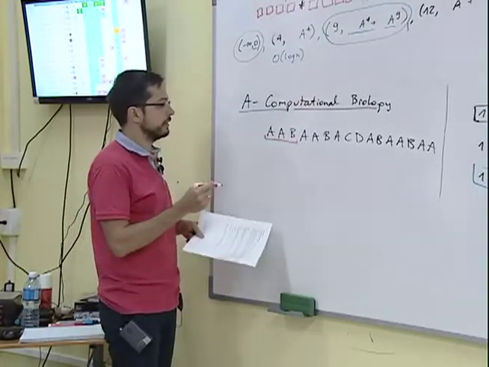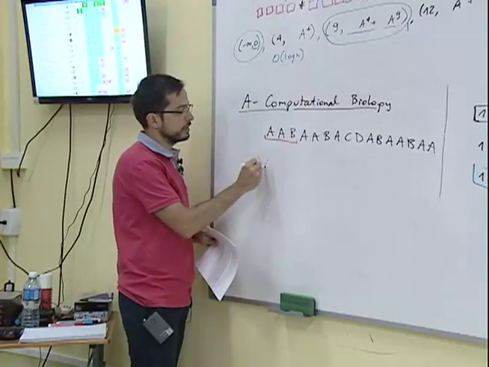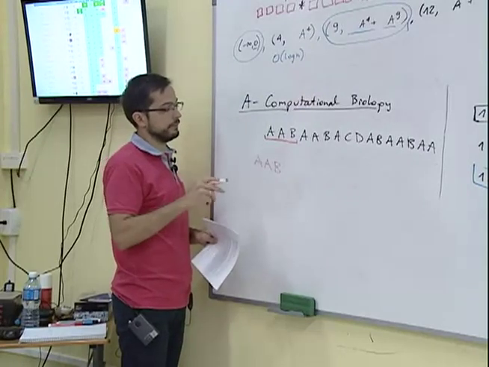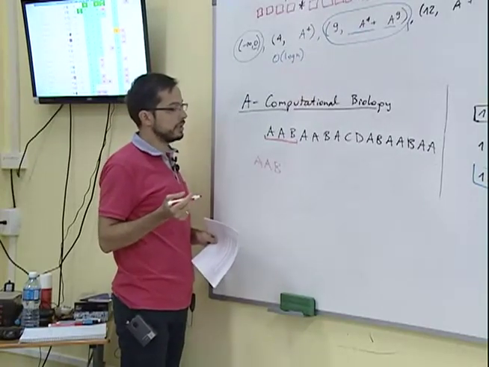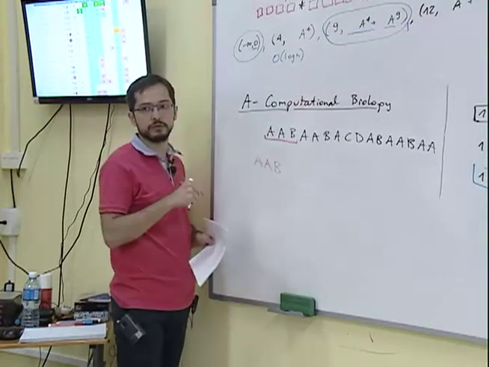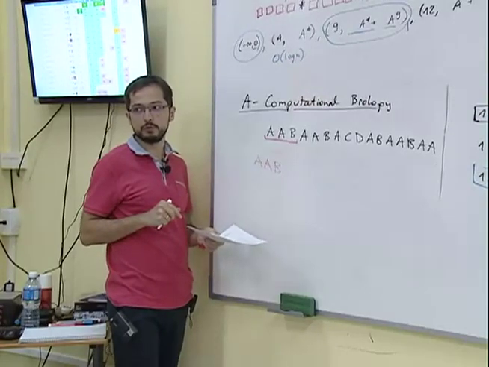So what are cyclic rotations? We take a word, and then we perform the operation of taking the first letter of this word and moving it to the end of the word.